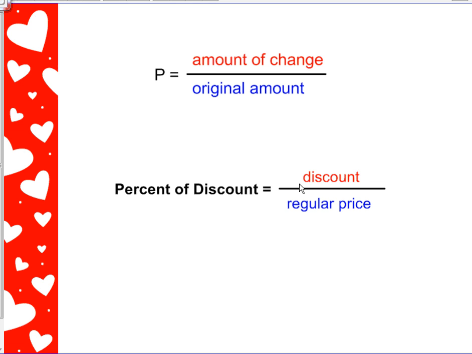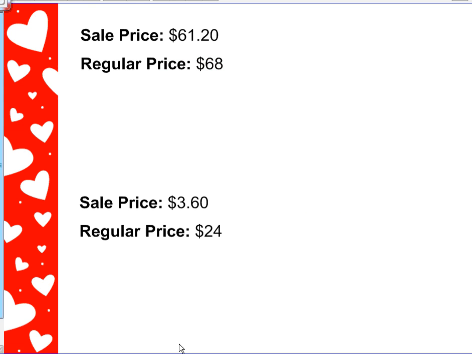We can say percent of discount equals the discount over the regular price. So the discount would really be the regular price minus the sale price, over the regular price. Okay, so let's see how this works. We have the sale price is $61.20, and the regular price is $68.